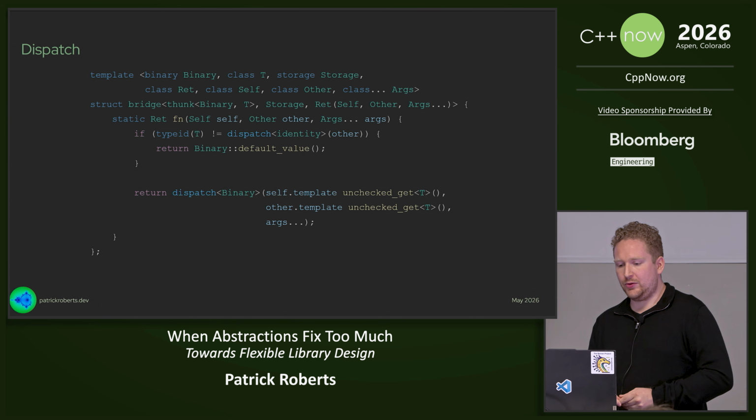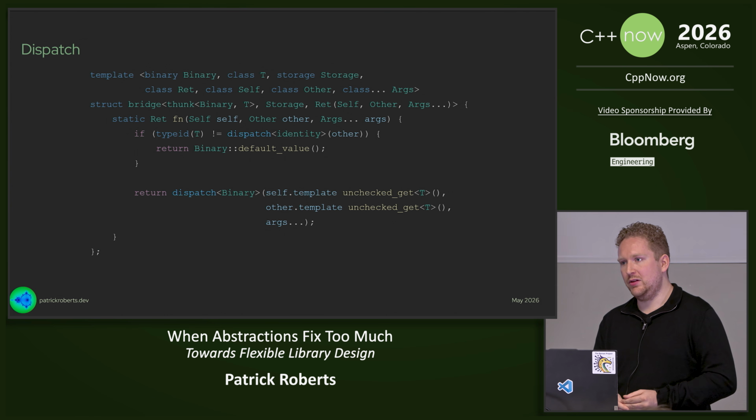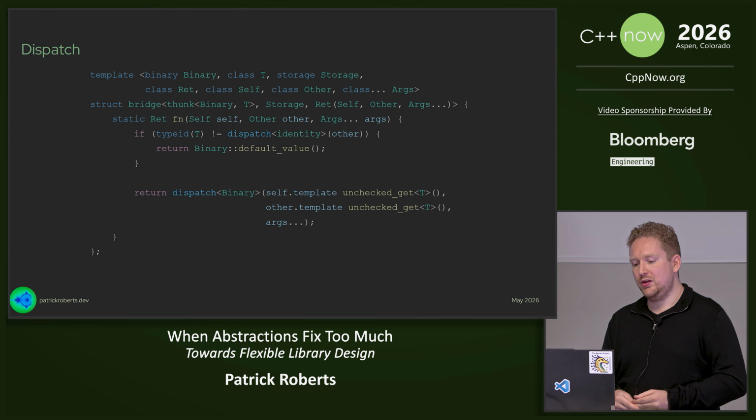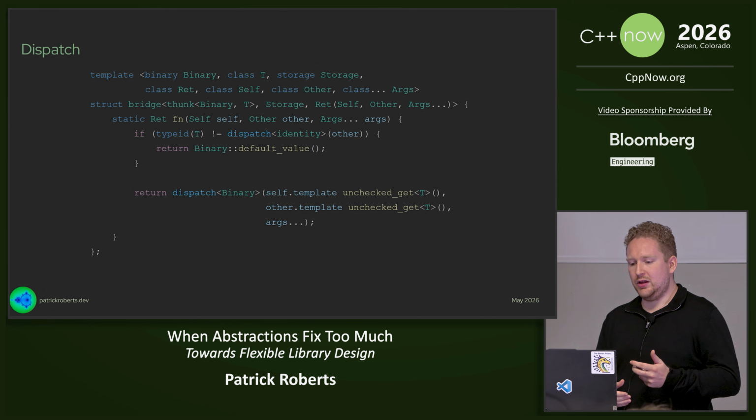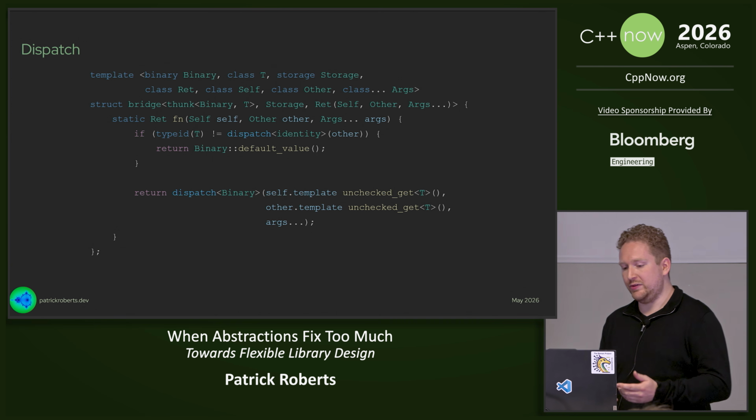So here's another example where we create a thunk over a binary capability. And when I talked about dyn compatibility earlier, the idea that you have to check the identity of the concrete type to make sure that they match, otherwise have a fallback behavior, that's what's happening here.